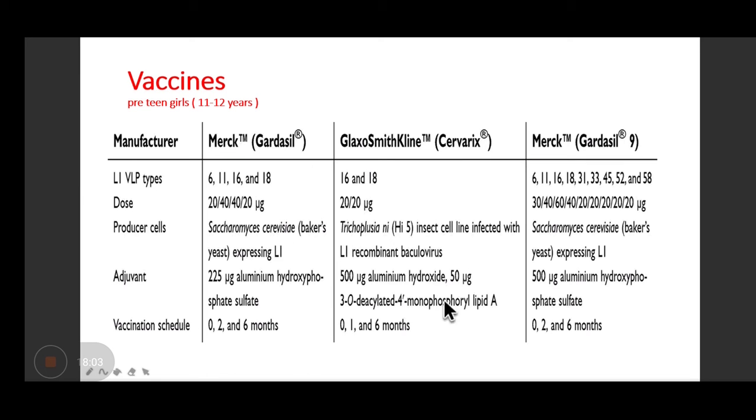And as I told you, it has to be given in teen girls.